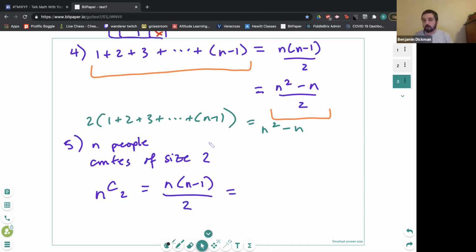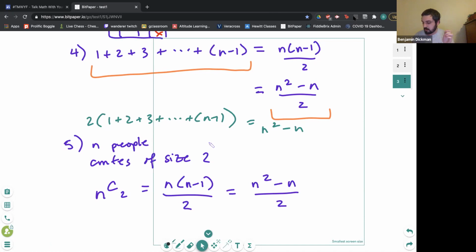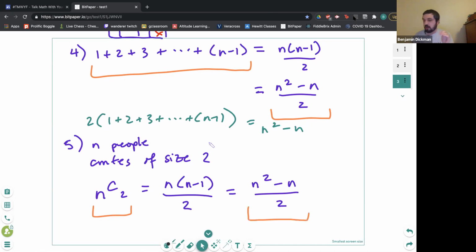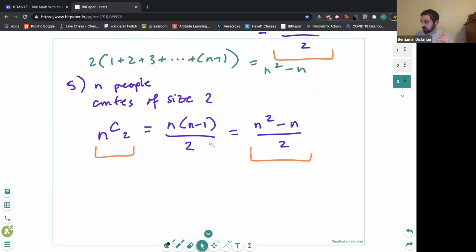And again, I hope no one will object if I multiply the numerator: n squared minus n divided by 2. And this is the same idea of associating, I'm going to use big words, algebraic information with combinatorial information, right? If you have here underlined in orange, in the future tense, what's got to be an integer, then you have this fraction, expression over 2, the numerator has got to be divisible by 2.